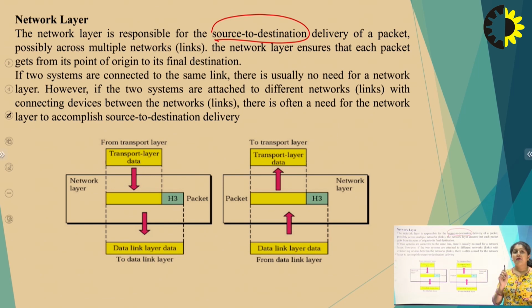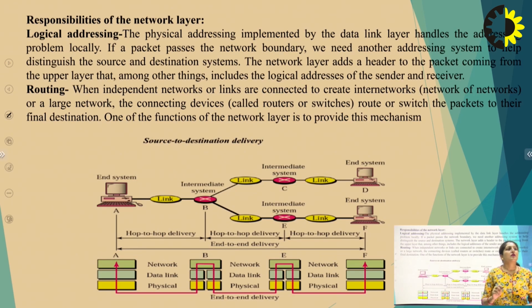In the data link layer, we term data as frames. The frames are then transferred to the network layer. Here we term data as packets. A packet is delivered from the data link layer on the receiver part, and from there it goes to the network layer. So what is the responsibility of the network layer?